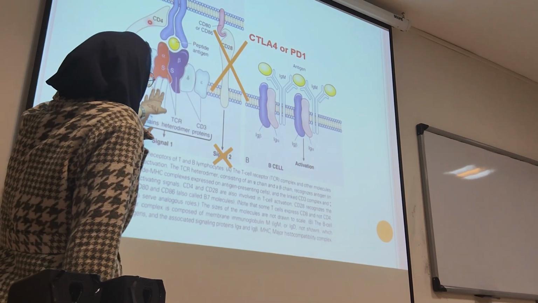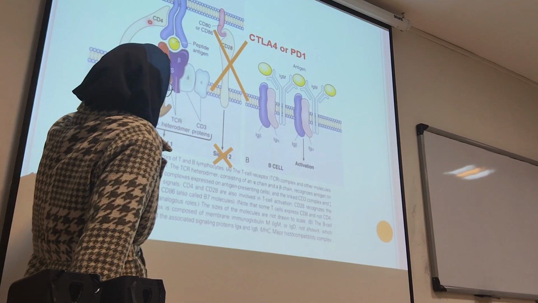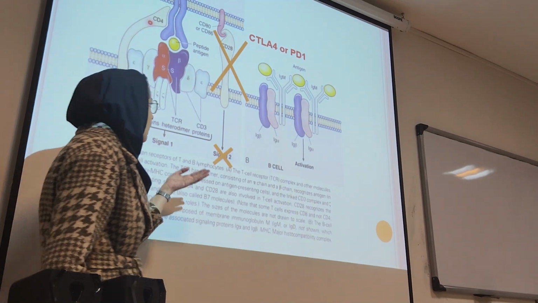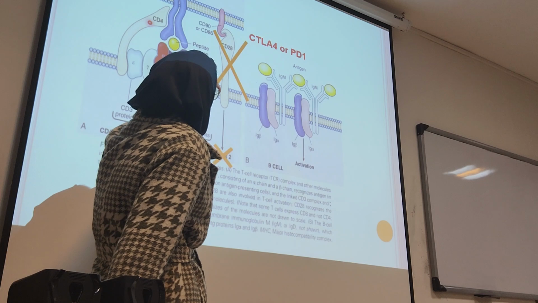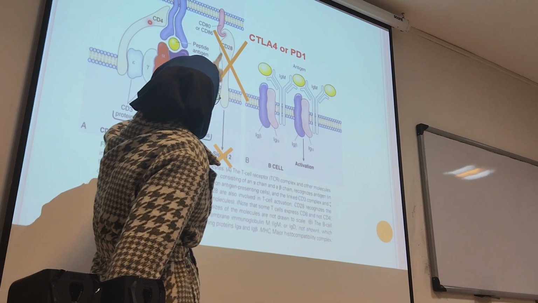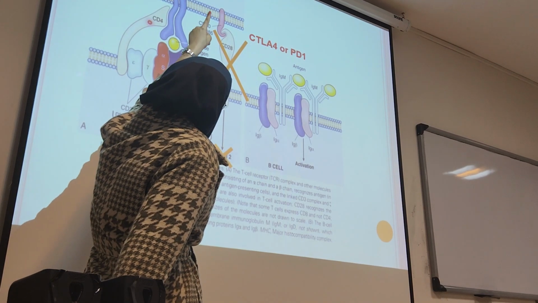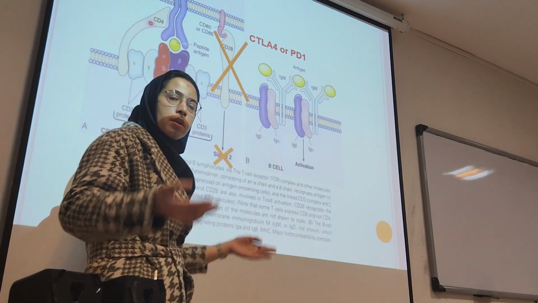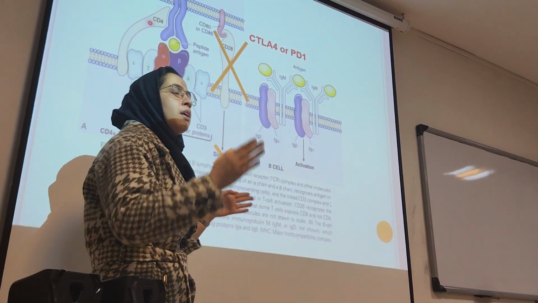But it is not enough. We have signal 2 by interaction of CD28 on the T cell with CD80 or CD86, generally B7 molecules, on the surface of the APC.